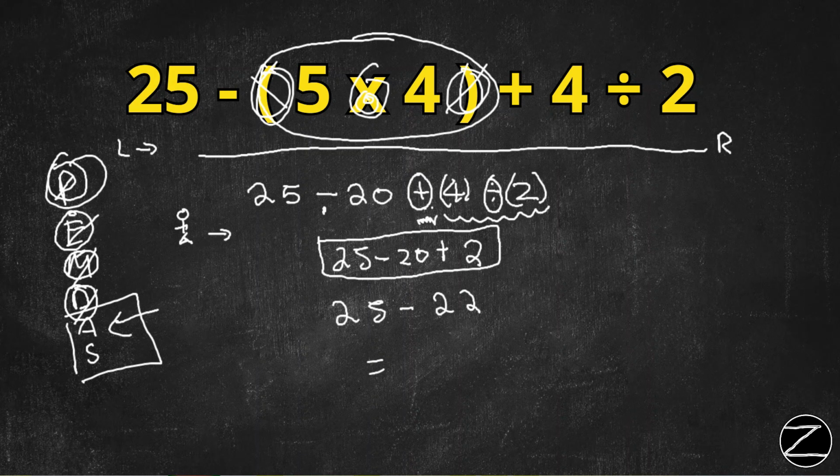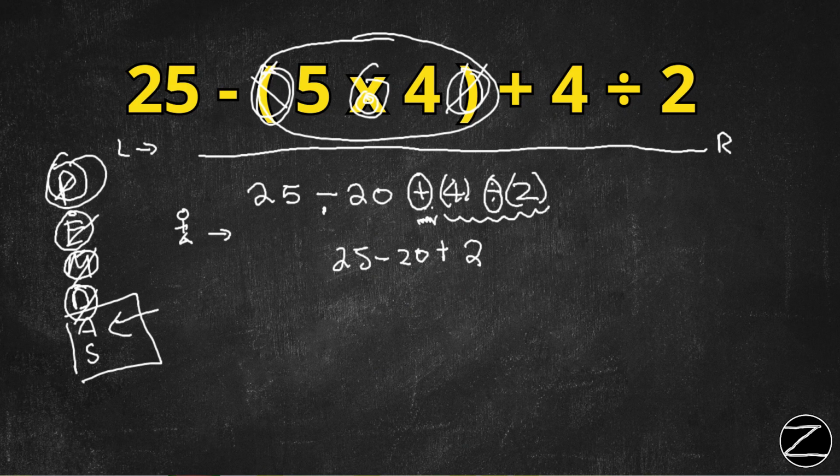Why? Because that's not how we use the order of operations. The order of operations is very helpful because in your future, whenever you move to higher math, you need to follow the rule. So order of operations, you have to learn this by heart. So you see, what's coming first? Subtraction. Why?